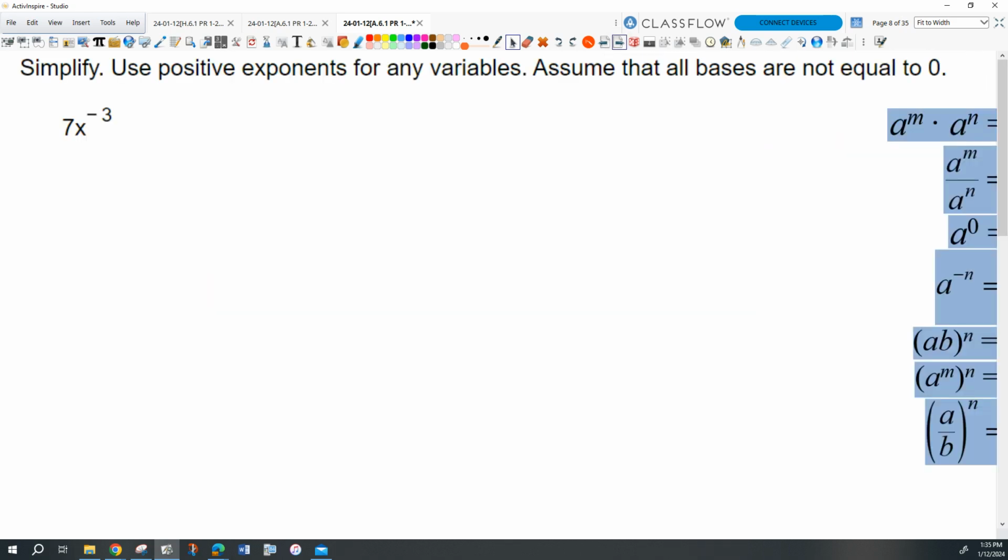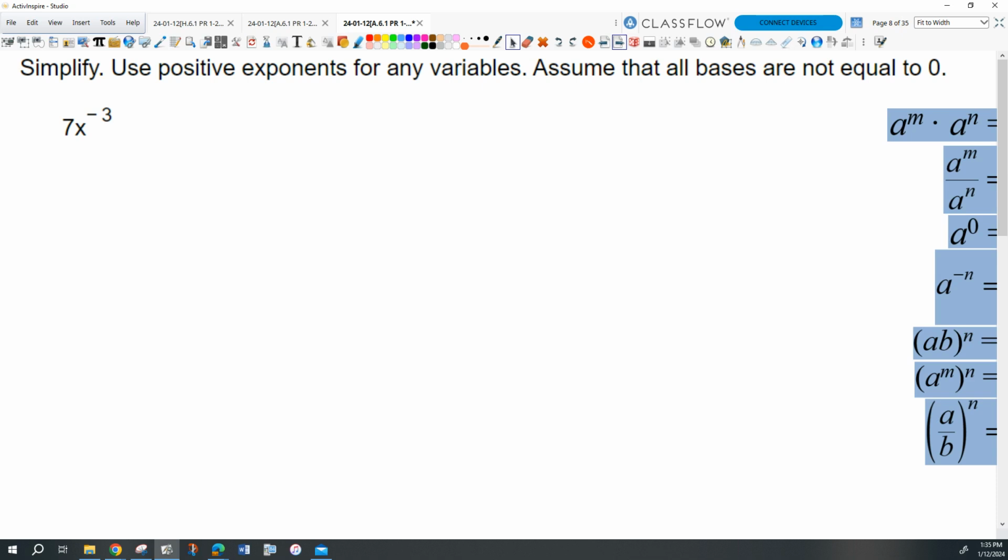So for today, I just want to look at some simple examples and practice a little bit. What about this first one? Simplify using positive exponents for any variables. Assume all bases are not equal to 0. Good. So what's the only thing we could do here? You've got to get rid of the negative.